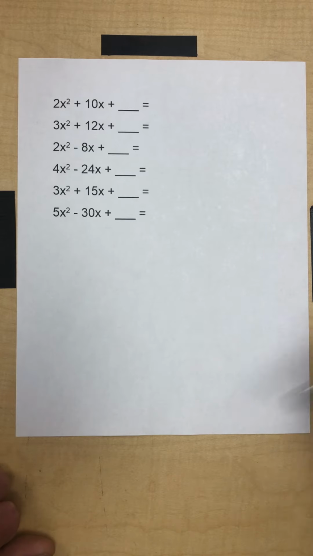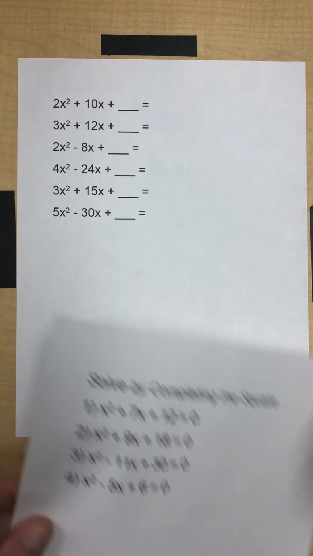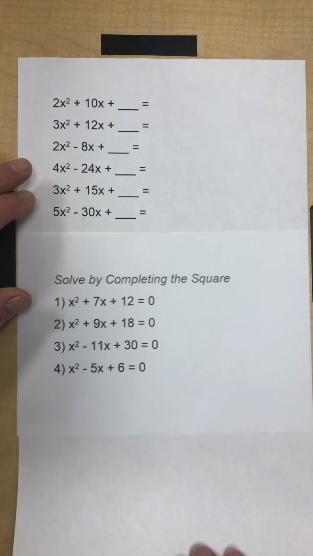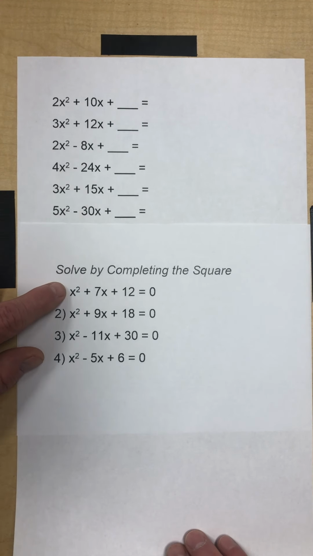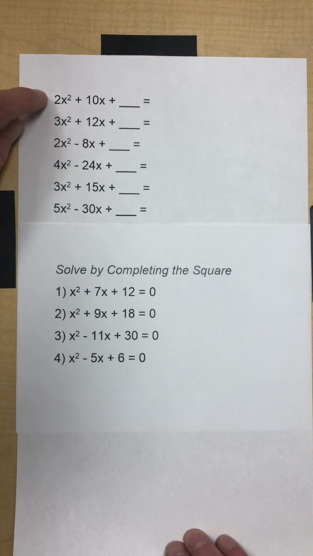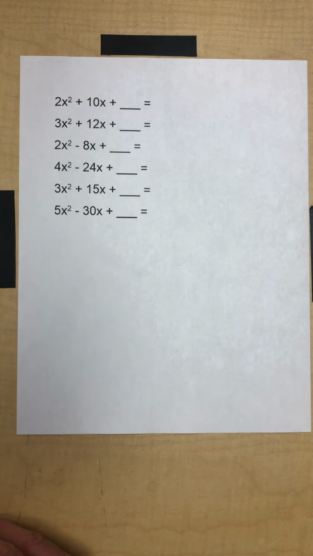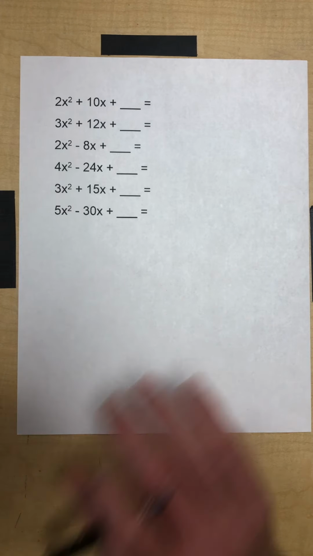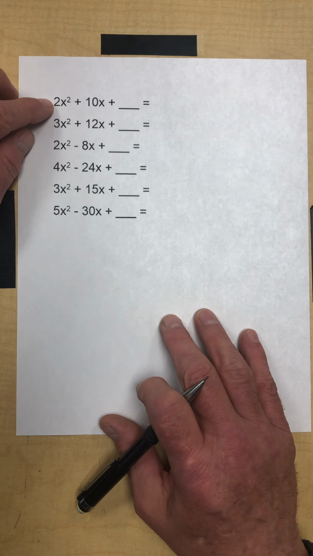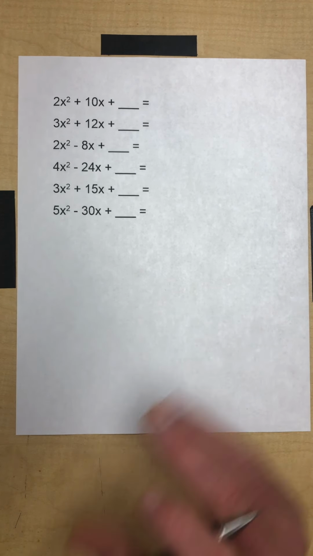Notice these are different than the earlier ones, because all of these leading coefficients, the quadratic coefficient, is 1 all the way down. Well, here they're not. All we're trying to do is create a perfect square trinomial, and you can only do it if the leading coefficient is 1. That's the only way you can do it.